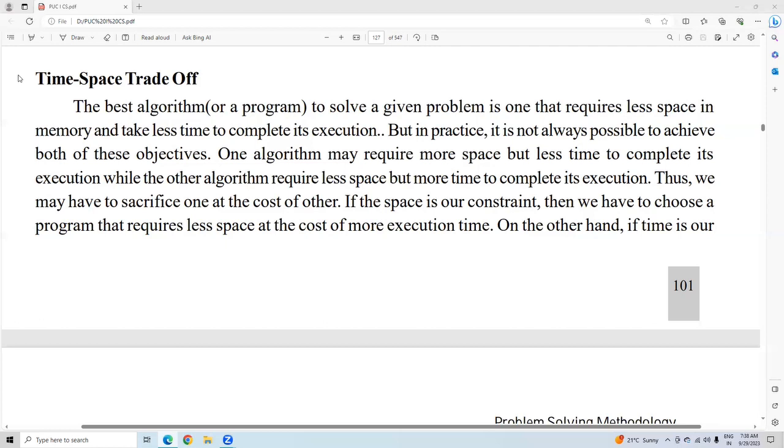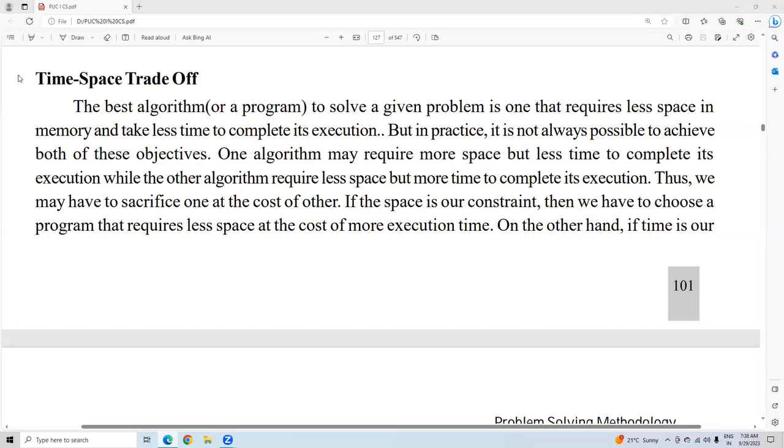One algorithm may require more space but may be taking less time. Another may be the reverse. Thus, we may have to sacrifice one at the cost of the other. If space is our constraint, then we have to choose a program that requires less space at the cost of more execution time.